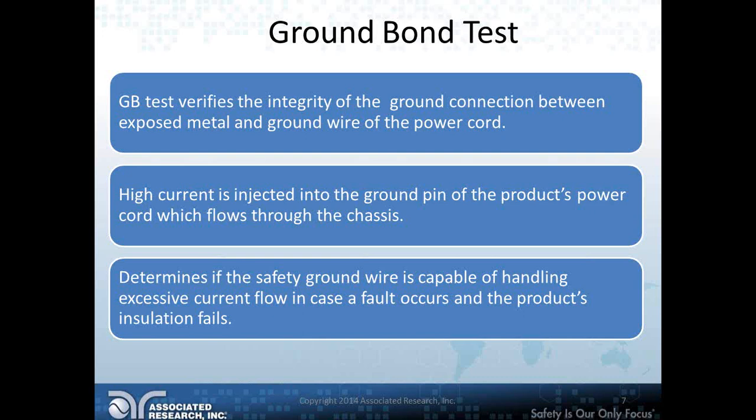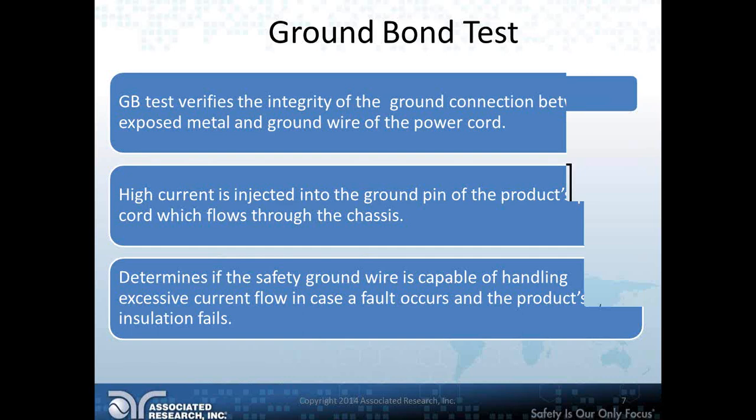The big difference between the two is that the ground continuity test will only tell us if the ground circuit of a device is continuous or not, whereas the ground bond test will tell us how good or how solid the ground connection is.